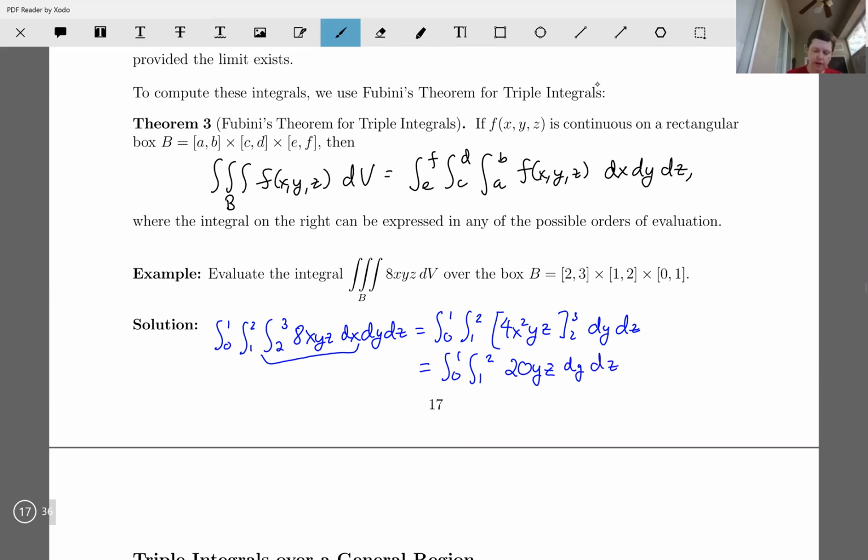And so now we're going to integrate with respect to y, and that's going to give us the integral from 0 to 1 of 10y squared z, evaluated at the limits for y. And then that's going to give us the integral from 0 to 1 of 30z dz, which is going to be 15z squared, evaluated at the limits, and finally at the end of the day, I get 15.